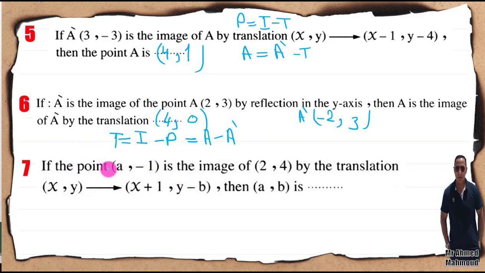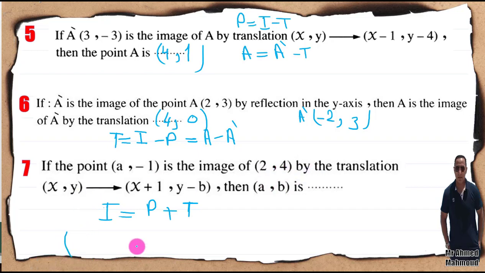Number 7, A and negative 1 is the image of 2 and 4 by translation 1 and negative B. Here, don't forget that image equals point plus translation. So this is A and negative 1, the image, of 2 and 4, the point, by the translation.